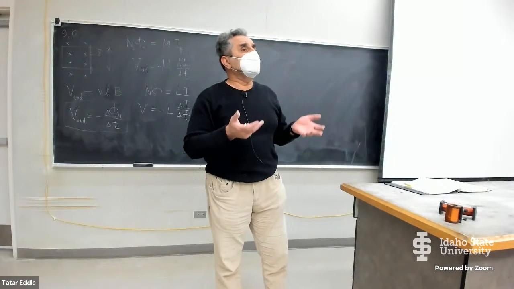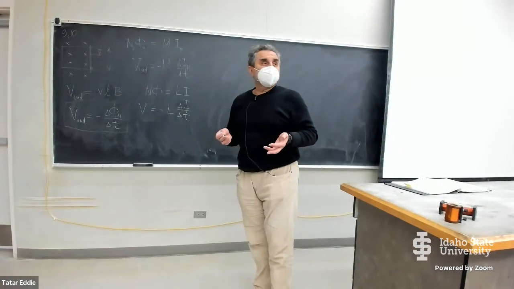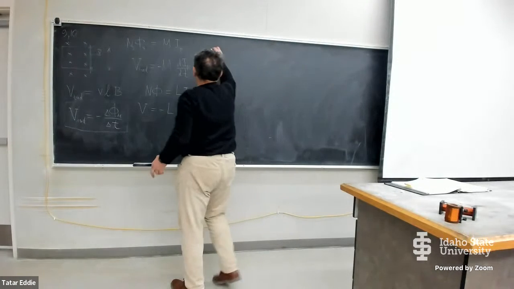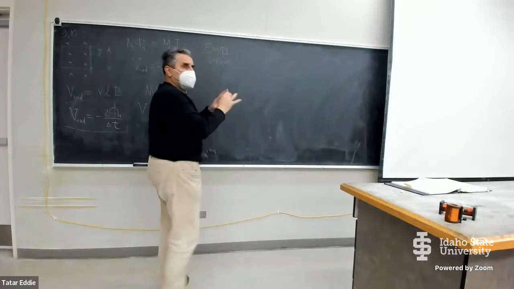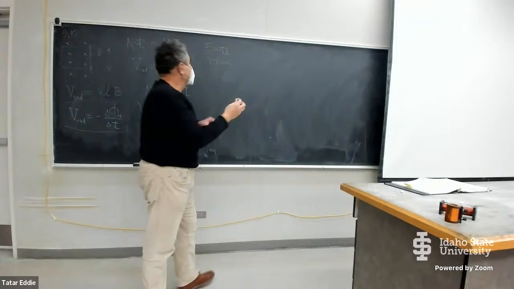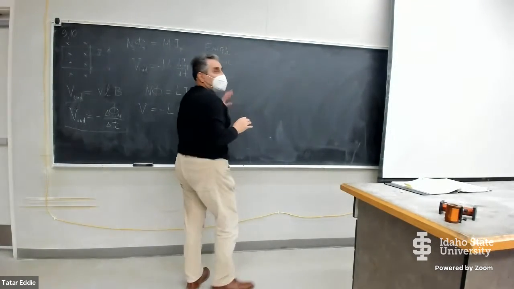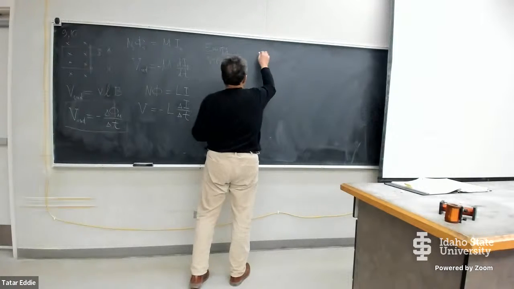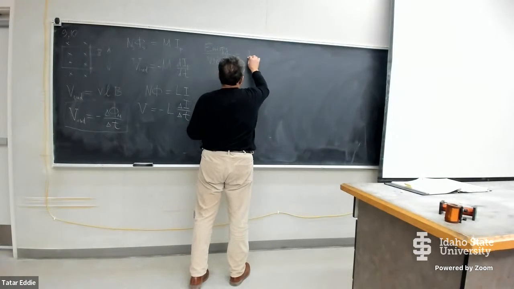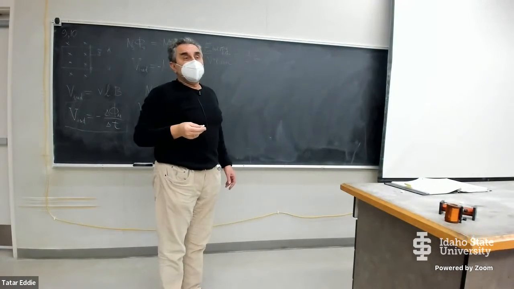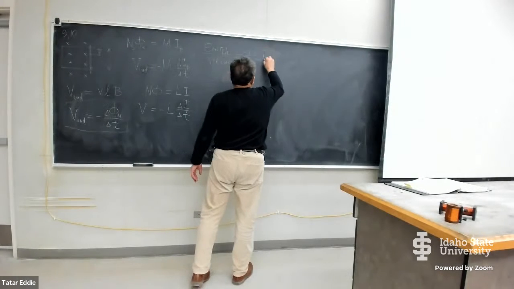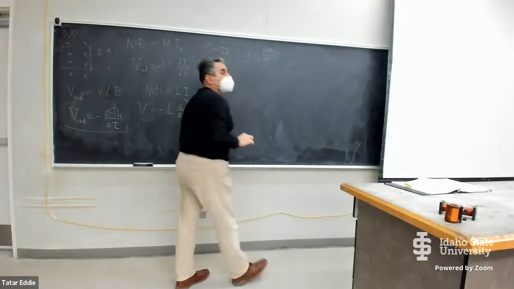A few weeks back, we proved that the amount of energy per unit volume of space, in space where the electric field is E, is given by 1/2 electric permittivity of air or vacuum times the electric field E squared.